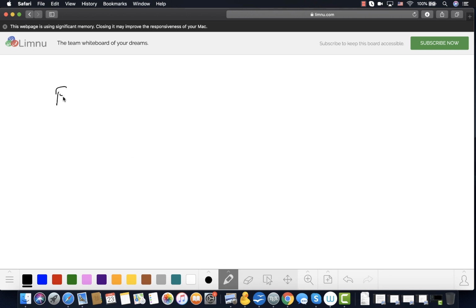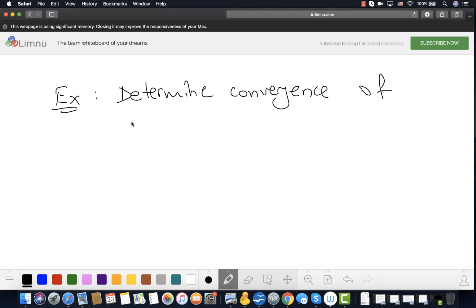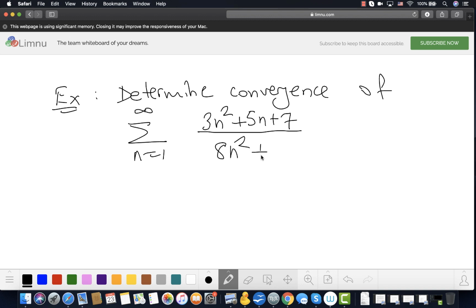Here's another example. Let's determine convergence of the series, n goes from 1 to infinity of (3n squared plus 5n plus 7) over (8n squared plus 1).